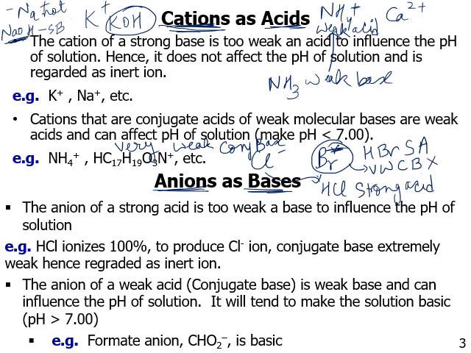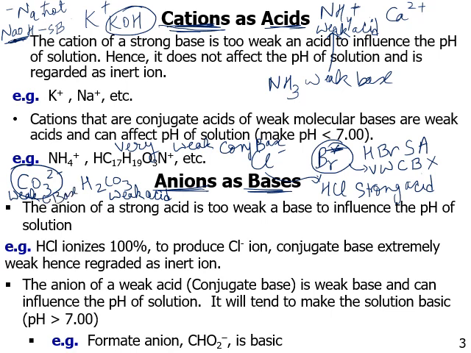On the other hand, if you take any other anion that is not coming from a strong acid, for example, CO3 2 minus, this is carbonate ion. Carbonate ion is coming from an acid called carbonic acid, H2CO3. This is a weak acid, which means this right here is a weak conjugate base.